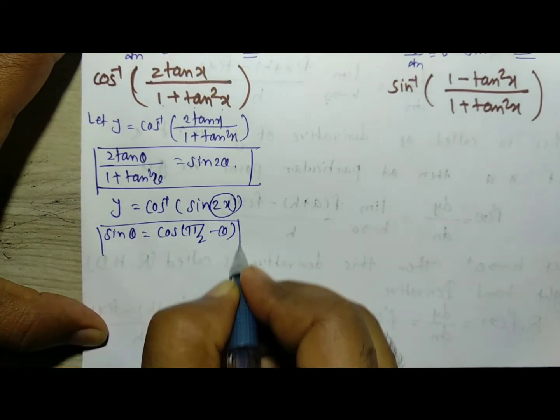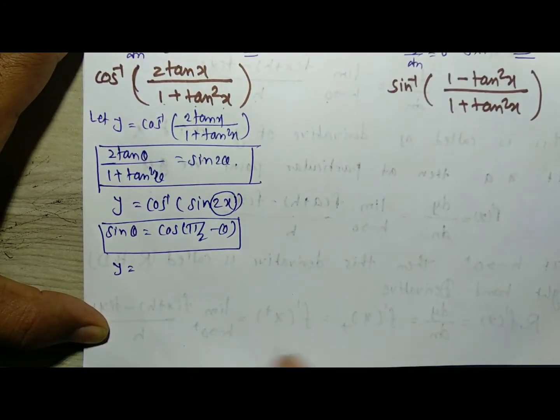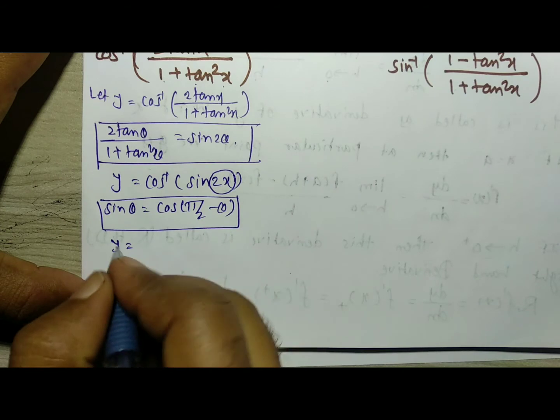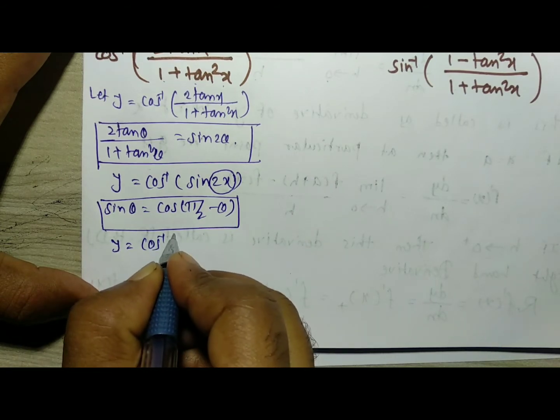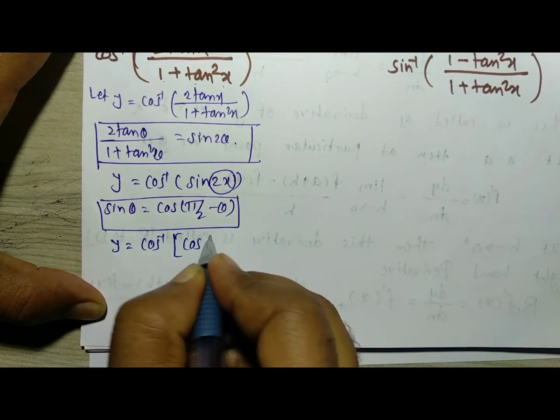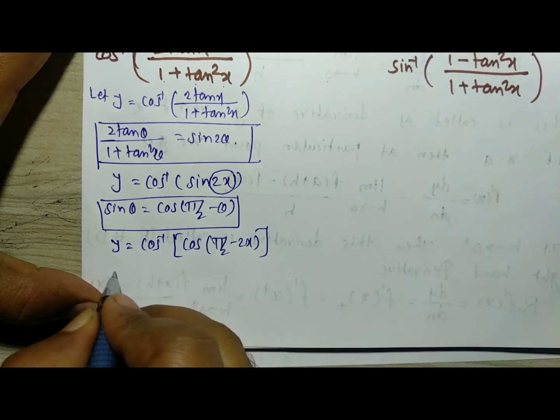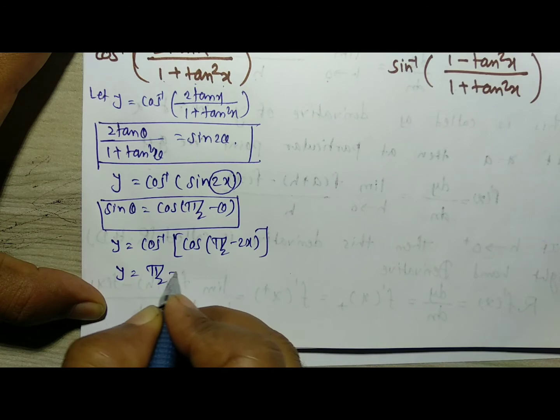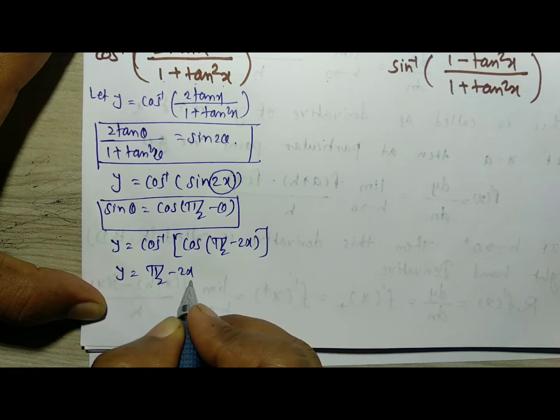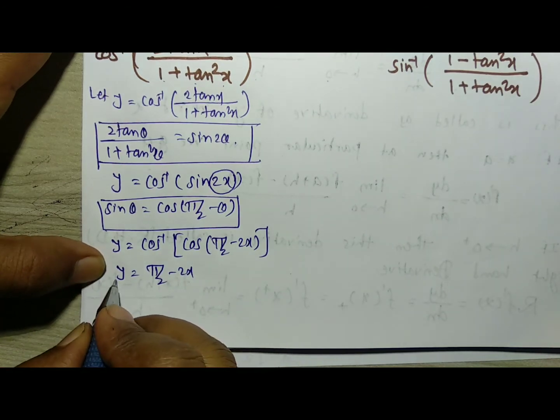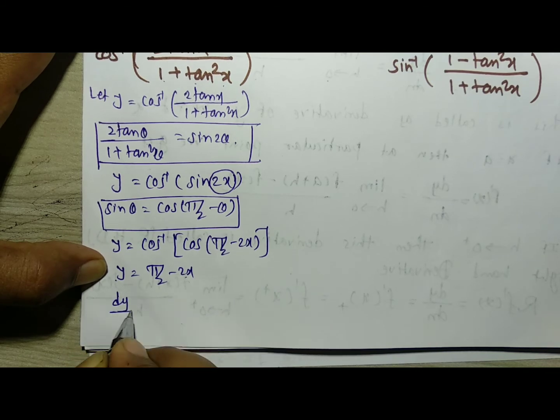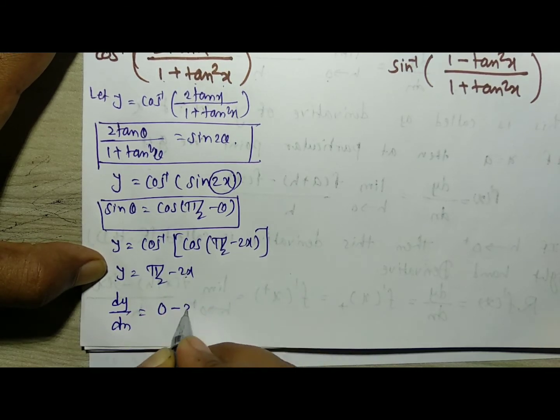By using this formula, y is equal to cos inverse inside the bracket cos(pi/2 minus 2x), and cos inverse and cos cancel each other. y is equal to pi/2 minus 2x. y is a function of x, therefore the derivative of y with respect to x, dy/dx, is the derivative of pi/2, which is 0, minus 2, a constant, into the derivative of x, which is 1, therefore the answer is minus 2.